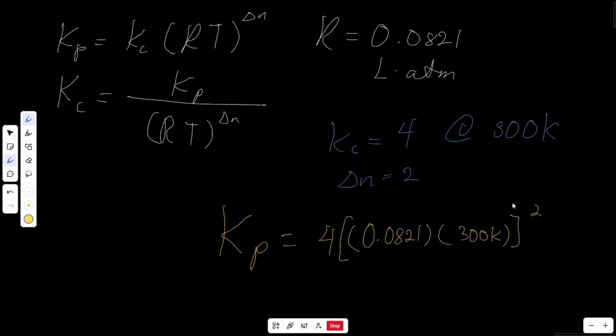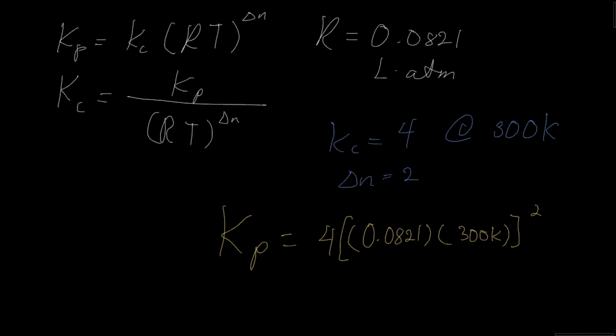So now let's try that in our calculator. That's 300 times 0.0821. Now we square the result and we multiply it by 4.